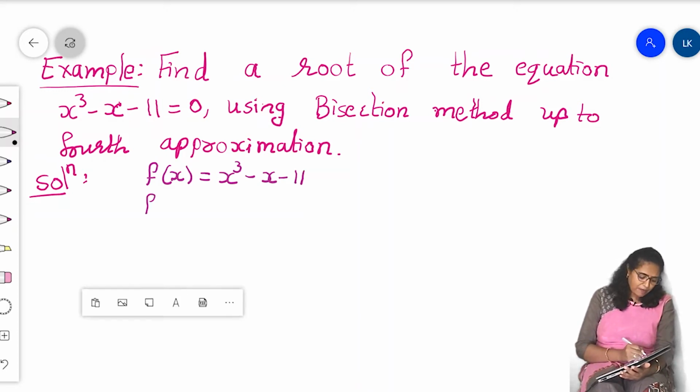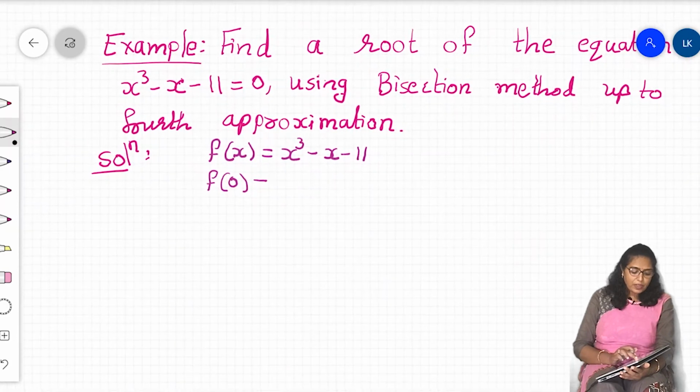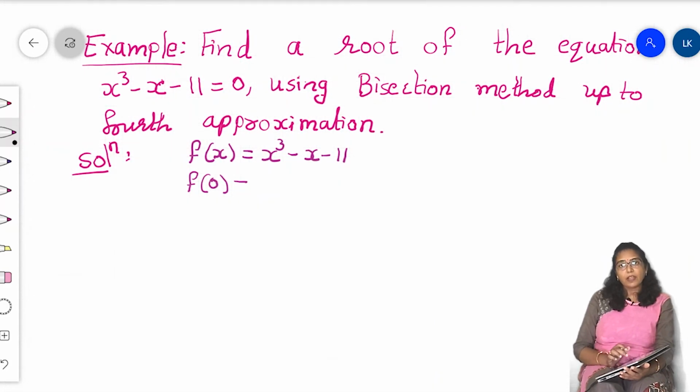Now, find f of 0. Here we want to find the positive root. Therefore, start from f of 0, then f1, f2, f3 and so on. That is, first put x is equal to 0 in the given equation, then x is equal to 1, then x is equal to 2 and so on.